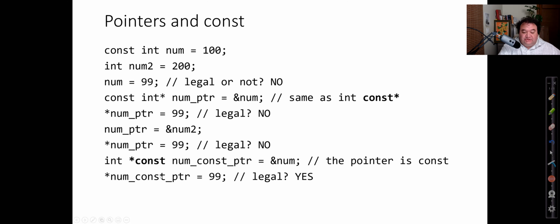We could not change the pointer itself, but the value pointed to by it is a valid modification. And num pointer equal num2, is that legal? No. As I said, we cannot reassign the pointer to a new value. This was num and num2.